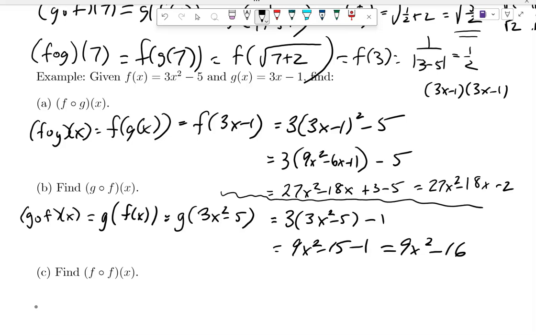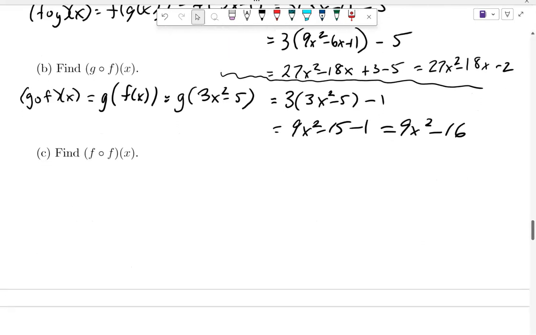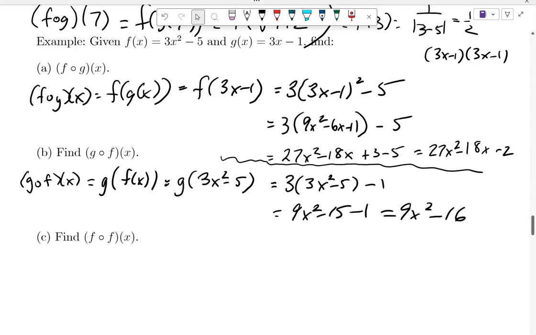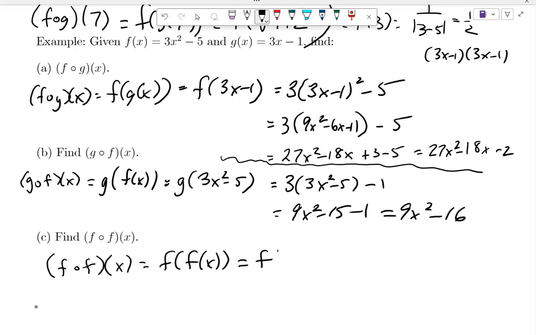So what's f composed with f going to look like? Yeah, plug f into itself again. So that's f of x. f of x again is 3x squared minus 5.